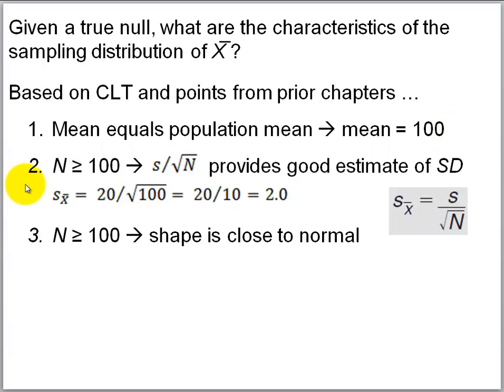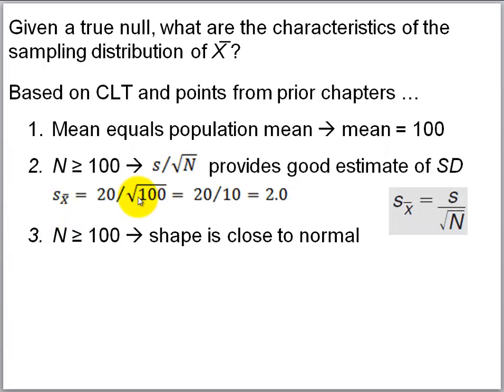Now point 2, and then some subsequent information provided, states that we can get a very good estimate of the standard deviation of the sampling distribution by taking the standard deviation in our particular random sample and dividing by the square root of n. The standard deviation of the sampling distribution is called the standard error of the mean, and here's the symbol for our estimate of the standard error of the mean.